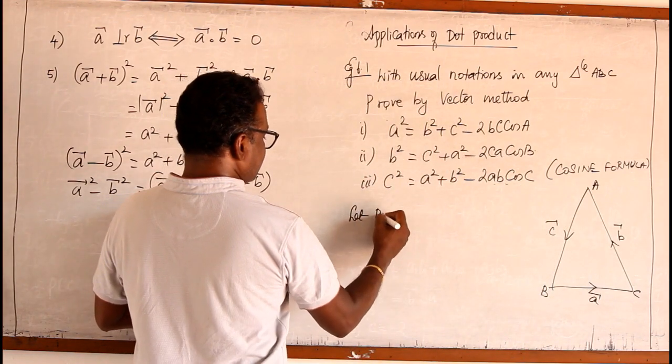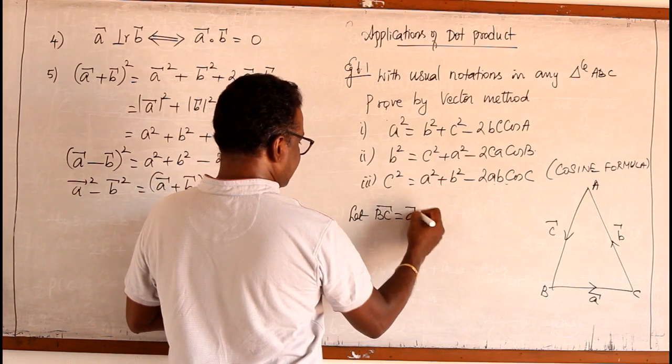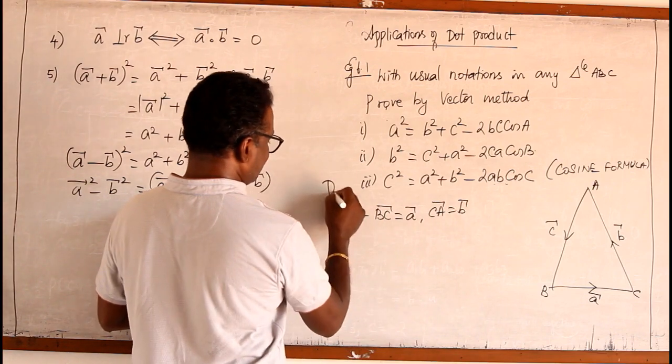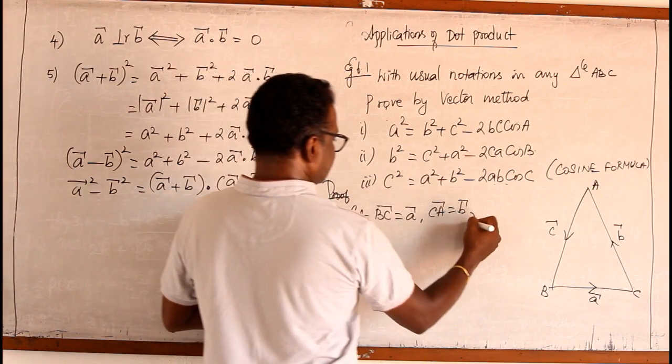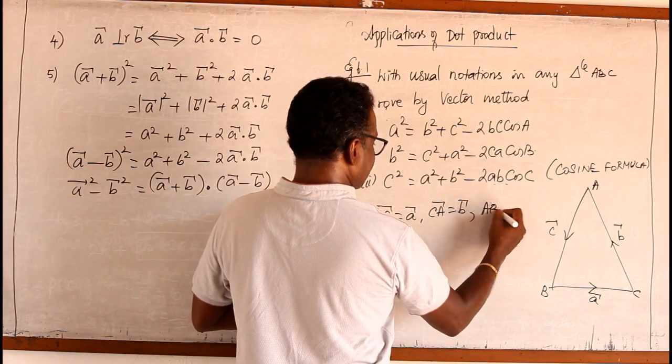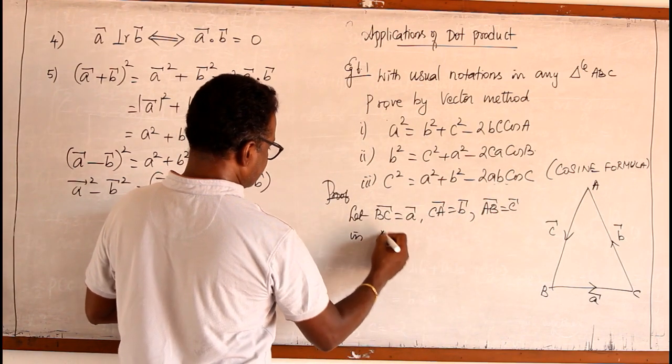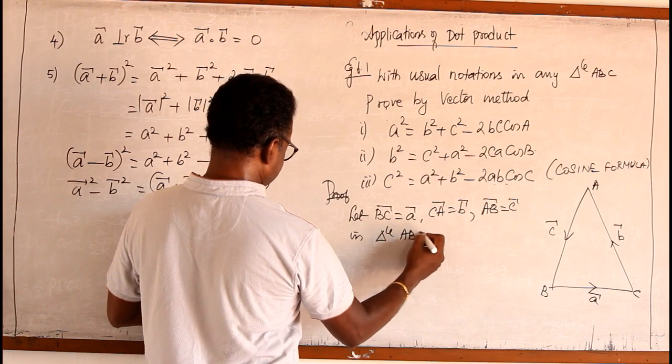Let BC vector equal a vector, CA vector equal b vector, and AB vector equal c vector in triangle ABC.